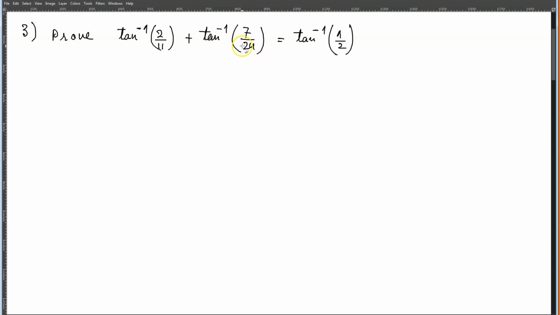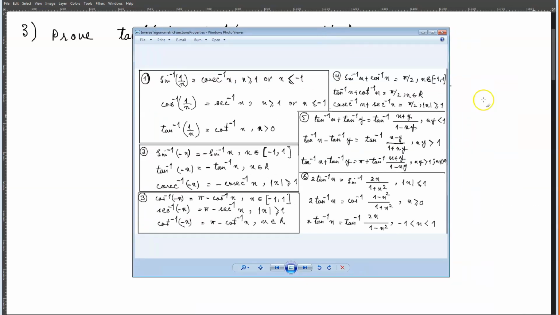I think we can use the formula that we had, though I don't remember exactly this one.